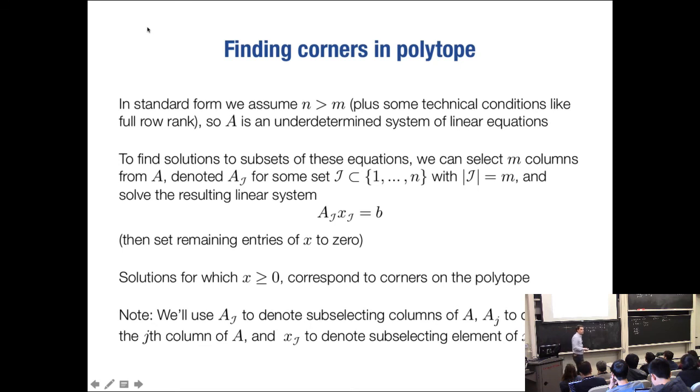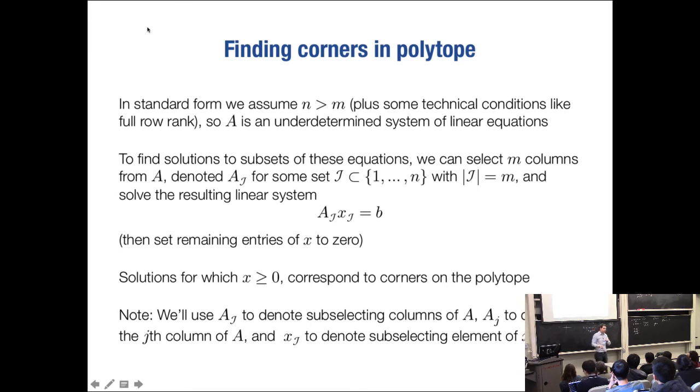The way you do it is you take a subset of the columns of A, in particular m columns of A. This was sort of alluded to before: at a corner in your polytope, we know that exactly n constraints, where n is the dimensionality, have to be active.